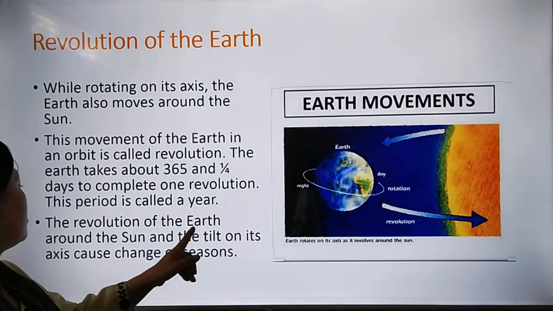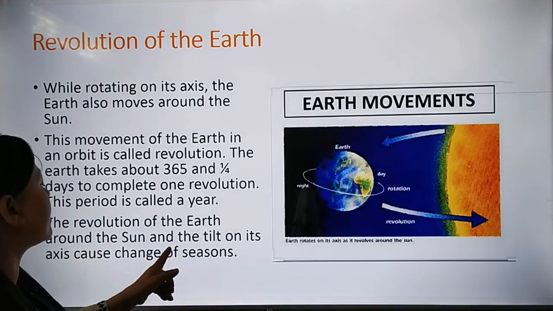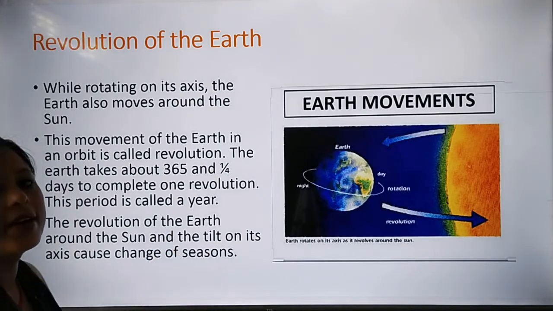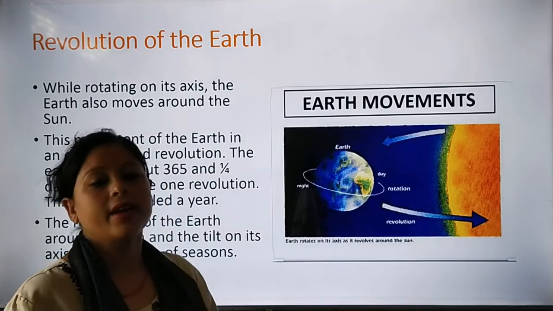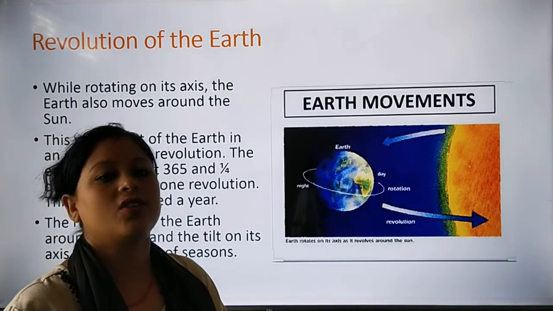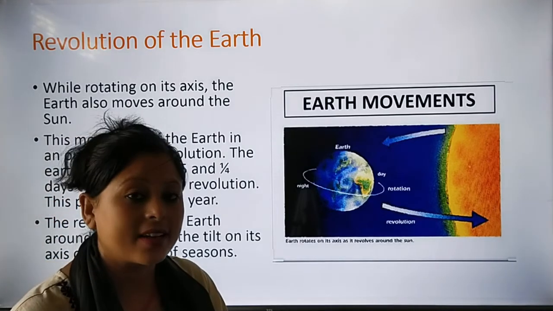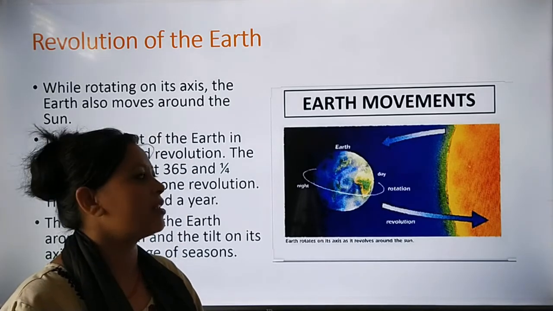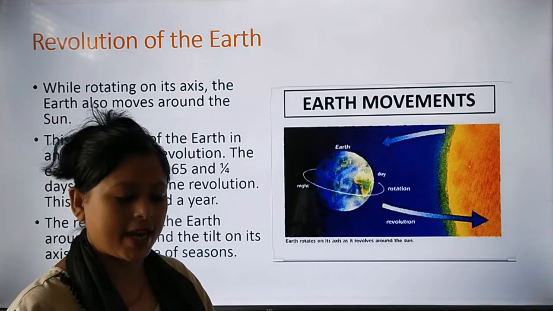The revolution of the earth around the sun and the tilt of its axis cause change of season. Children, the revolution of the earth causes changes of season, and the rotation of the earth causes day and night.